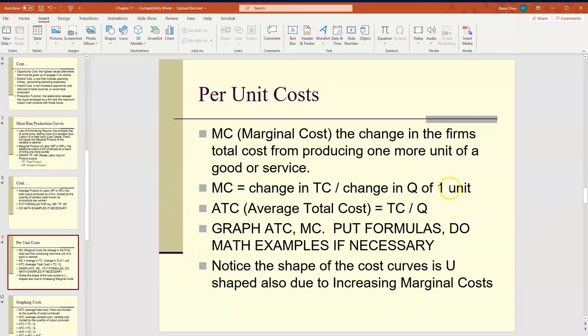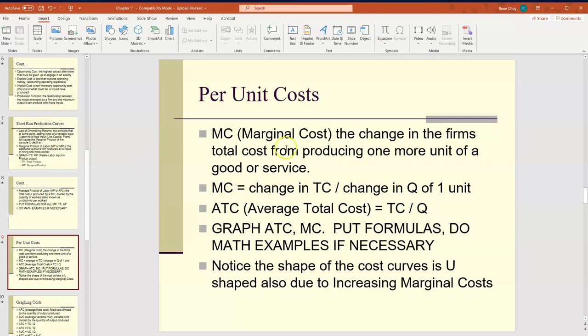All right, let's move on to per unit cost. Every time we do this sort of analysis in economics, we like to do it by thinking about changes unit by unit. And hence, a lot of the times, we have to turn things from totals into averages or changes so that we can talk about adding a unit of production or subtracting a unit of production.